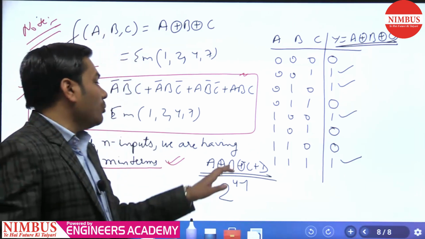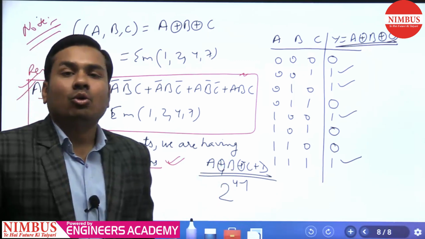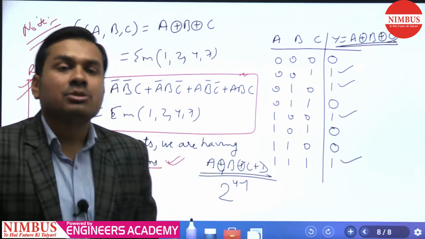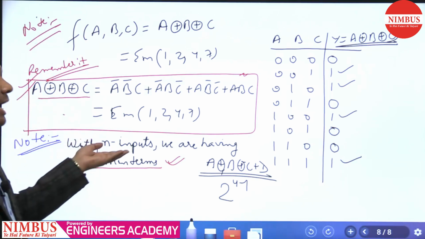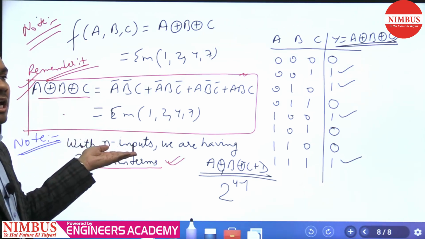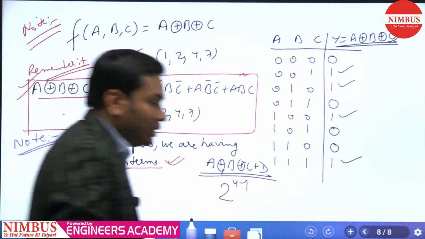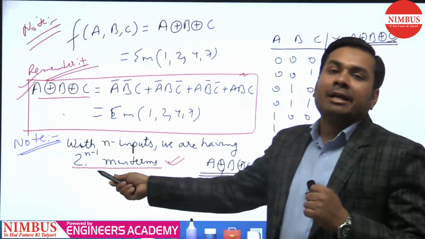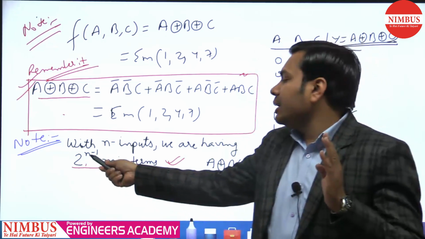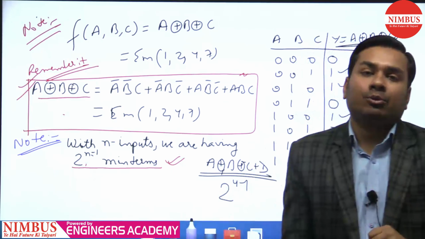So for A XOR B XOR C XOR D, we have a total of 8 minterms. So the note is that for the XOR, when we have n number of inputs, the total minterms are 2 raised to power n minus 1, where n is the number of inputs.